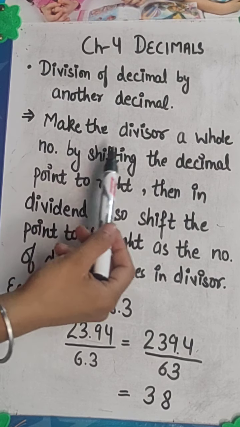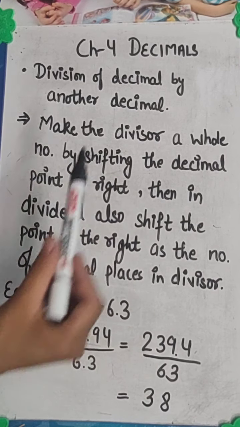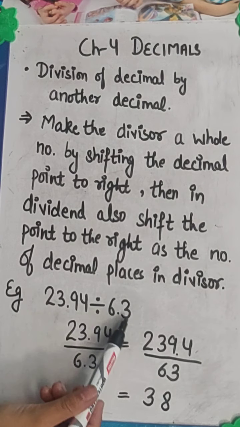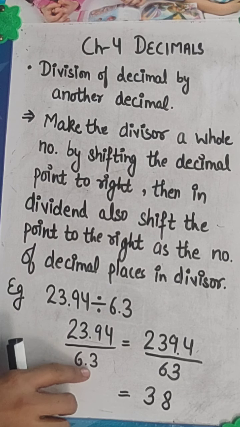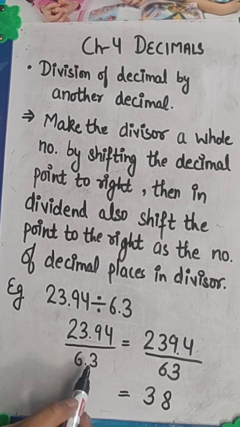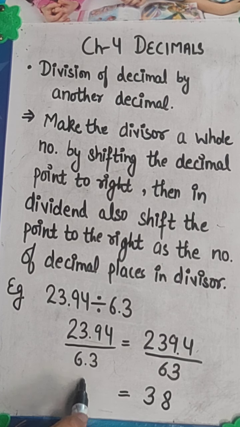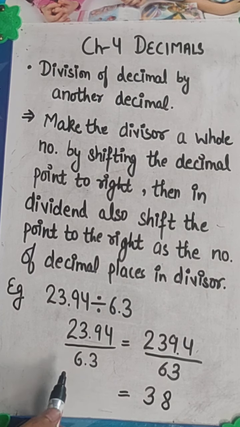We can make it by shifting the decimal point to its right. In this case, the divisor is 6.3. So we will make it a whole number by shifting the decimal towards its right, and then it becomes a whole number.